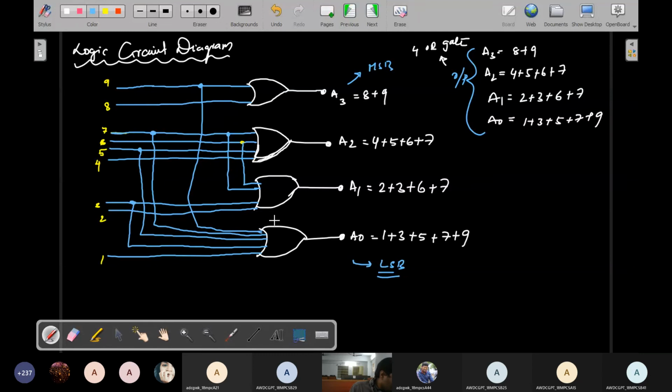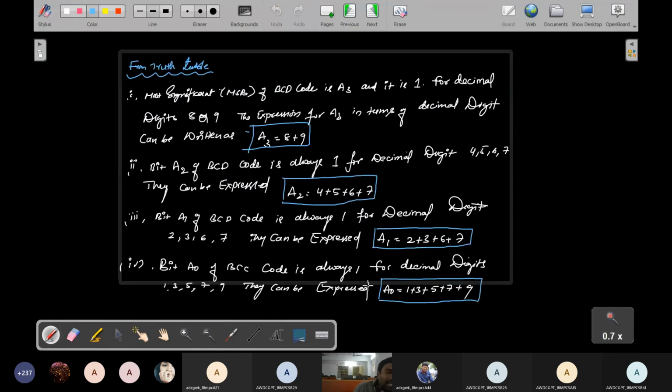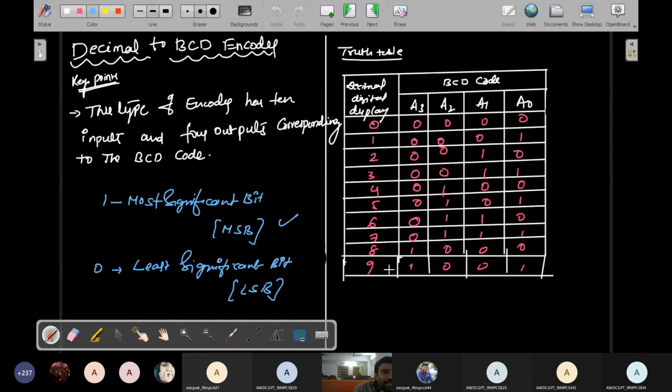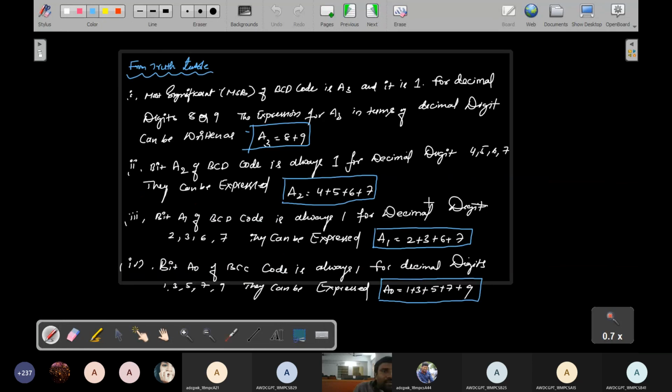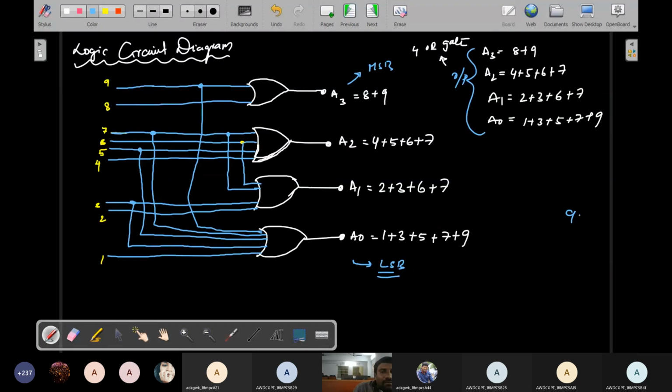Please see that. For suppose if I consider 9, so 9 input, then how will I give 9 input? In the truth table, 9 is nothing but 1 0 0 1. Simply take 9, 9 is nothing but 1 0 0 1.